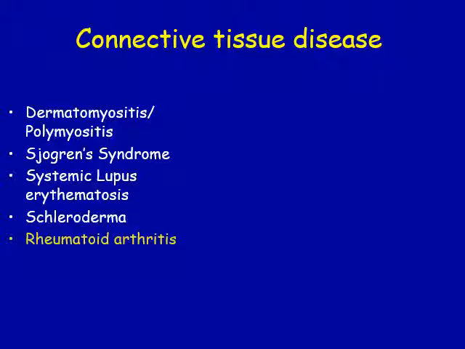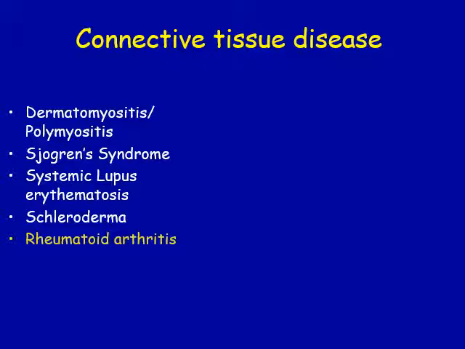The commonest one of them is rheumatoid arthritis, but there are other diseases like dermatomyositis, polymyositis, Sjogren syndrome, systemic lupus erythematosus, and scleroderma. As I mentioned, they affect the lung. They can cause diffuse pulmonary fibrosis, or sometimes pleural disease or other.